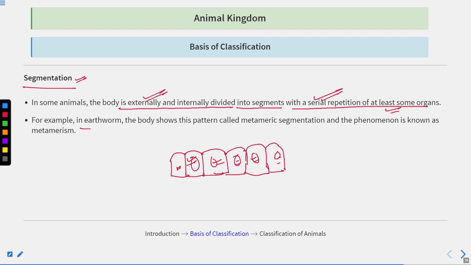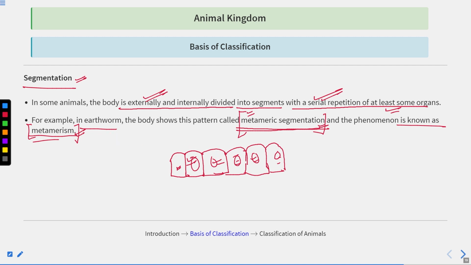For example, in earthworm, the body shows this pattern called metameric segmentation. This is the true type of segmentation, when you see the segmentation from outside as well as inside. Then it is called metameric segmentation, and this phenomenon is known as metamerism. It is a very unique characteristic of the phylum Annelida.